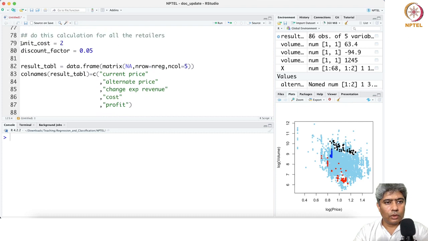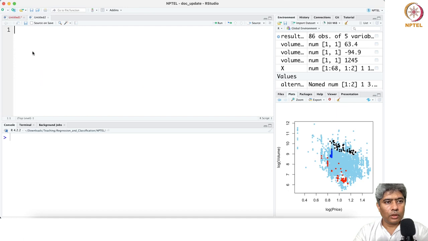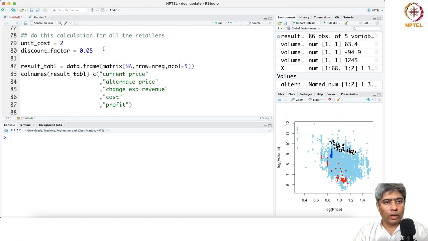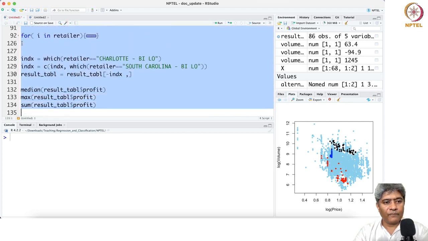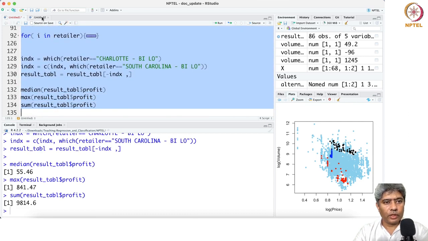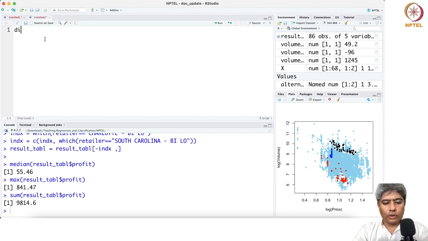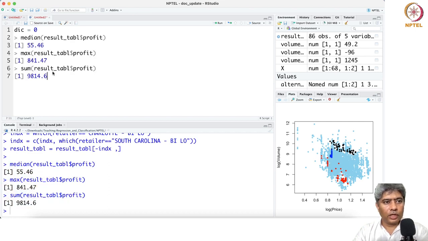So let me just create another thing. If I don't give discount, that is what happens. So zero discount, discount equal to 0, I get the median profit of these guys.